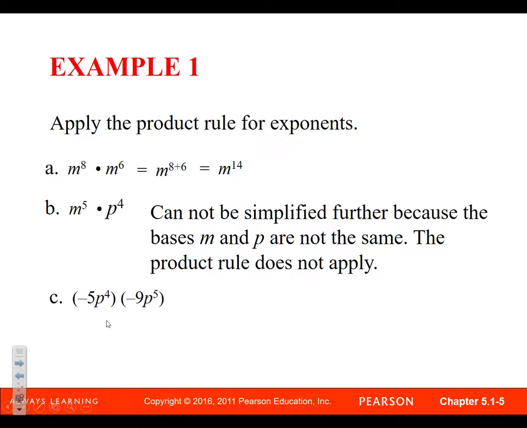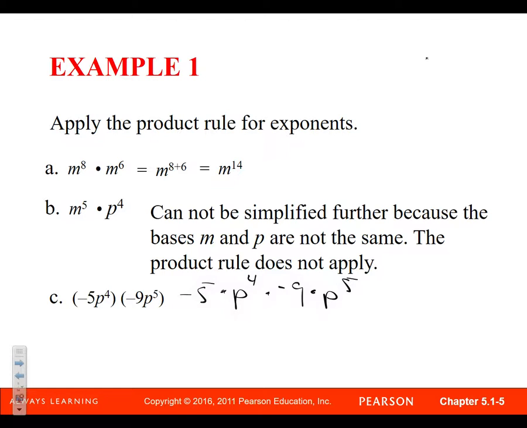What about negative 5p to the 4th times negative 9p to the 5th? Okay. That one's going to take a little bit of manipulation, isn't it? If you take a look at this, everything is being multiplied here. So it's really like having negative 5 times p to the 4th times negative 9 times p to the 5th. Now, do you guys remember that rule about multiplication being commutative?